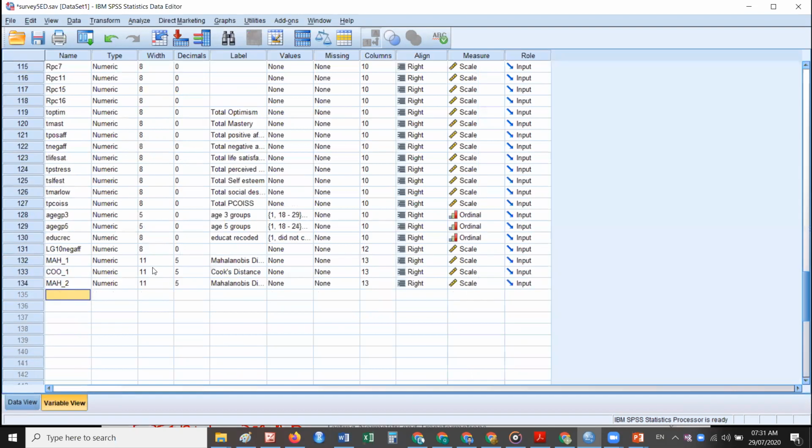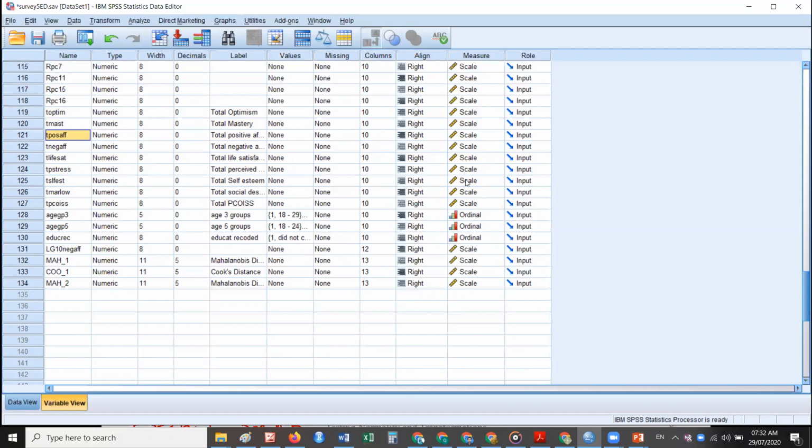We have 134 variables, and these are some quantitative variables which are under focus of the statisticians. Total optimism, tpstress, this is the variable that I will use for checking the normality, and total negative effect, total positive effect. These are the variables.